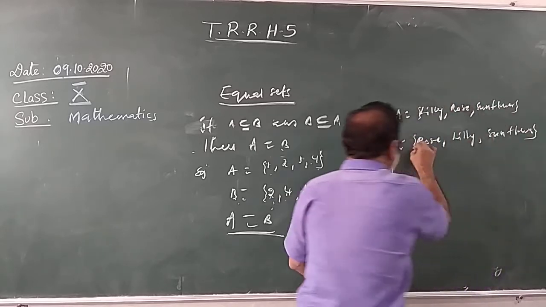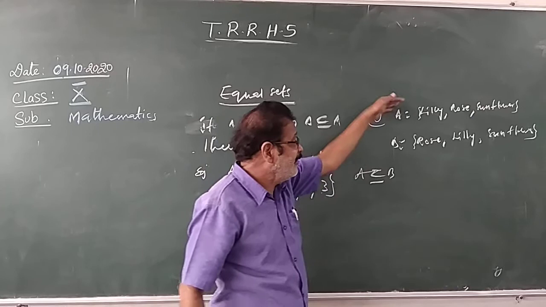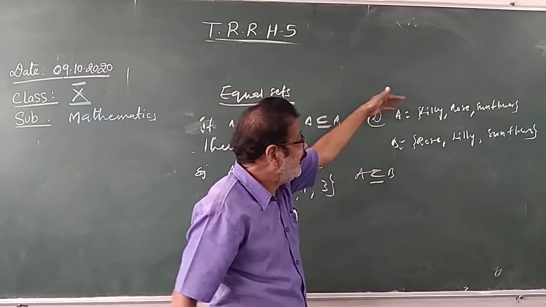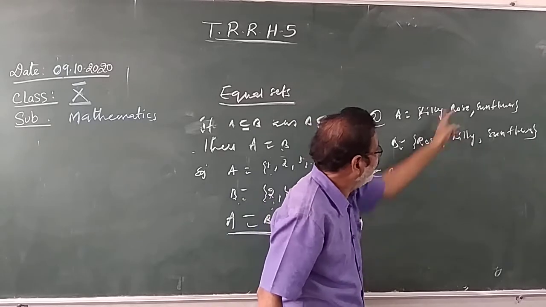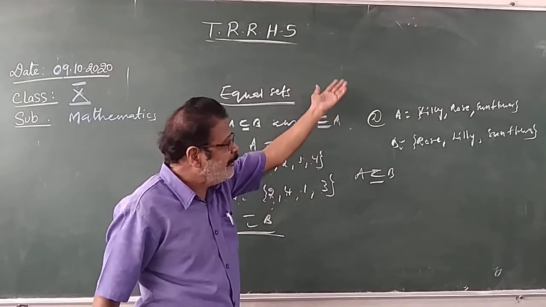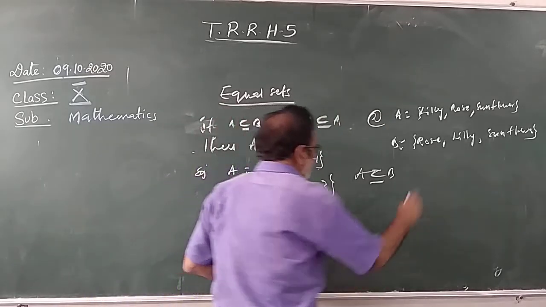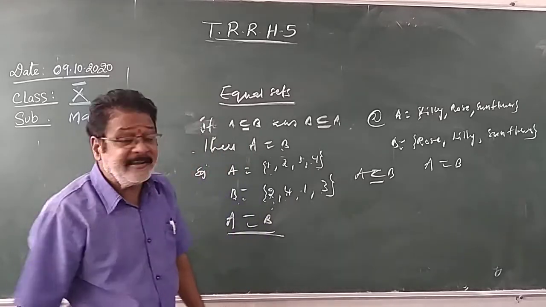Are they equal? Yes, they are equal. Why? A is a subset of B, since every element of A is in B. The elements of A are lily, rose, sunflower, and in B also lily is there, rose is there, sunflower is there. So every element of B is in A and every element of A is in B. Therefore A is equal to B. These are called equal sets.